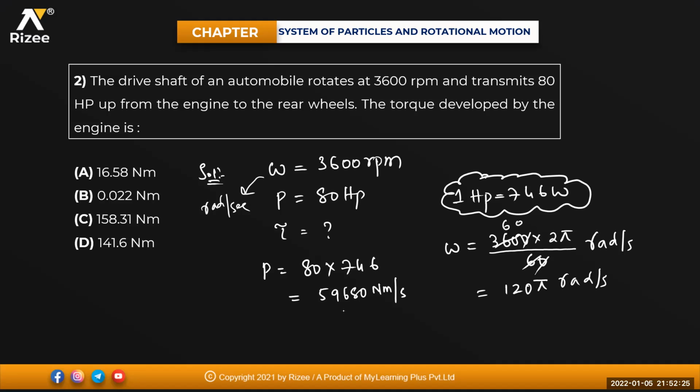And very soon, I'm going to start the revision again from the starting, beta: units and dimensions, vectors, kinematics, work power energy, collisions, friction, everything. Very soon, I'll announce the timings and dates also. Apart from this, I will be doing other timings also for the revision.